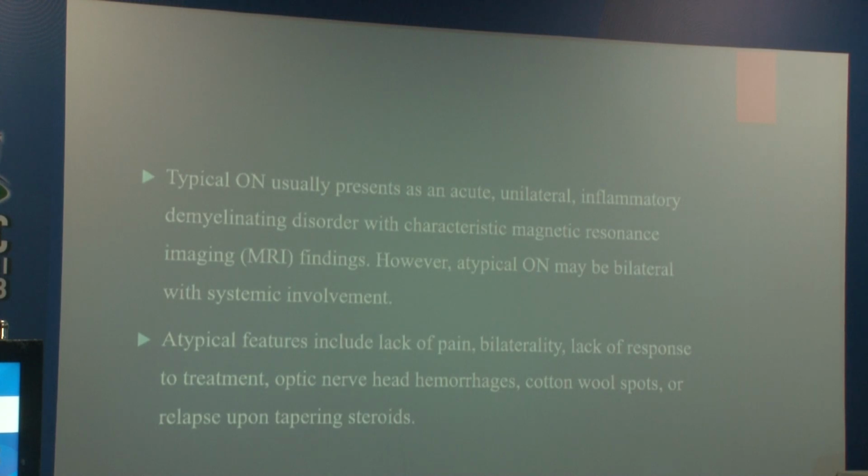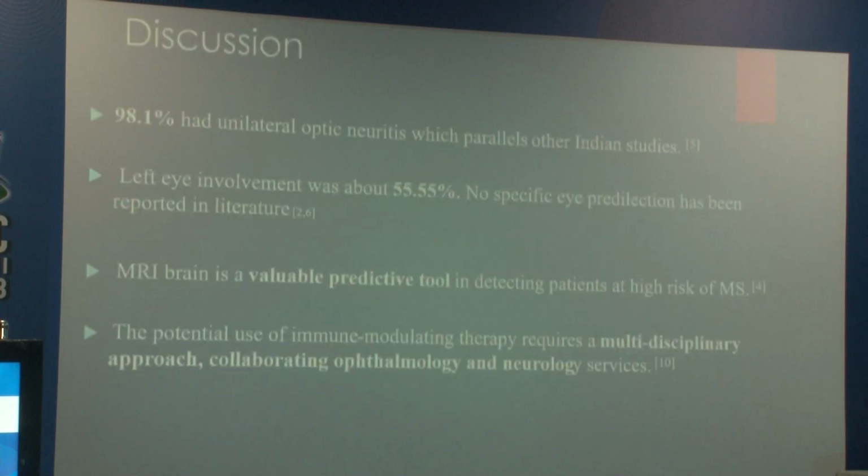Atypical optic neuritis may be bilateral with systemic involvement. Atypical features include lack of pain, bilaterality, lack of response to treatment, optic nerve head hemorrhages, cotton wool spots, and relapse upon tapering steroids. About 98.1% had unilateral optic neuritis, which parallels an Indian study. Left eye and right eye involvement was higher compared to other studies.